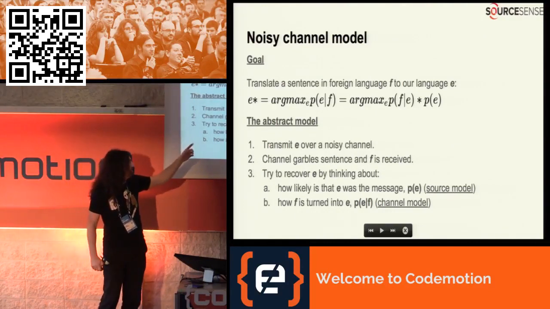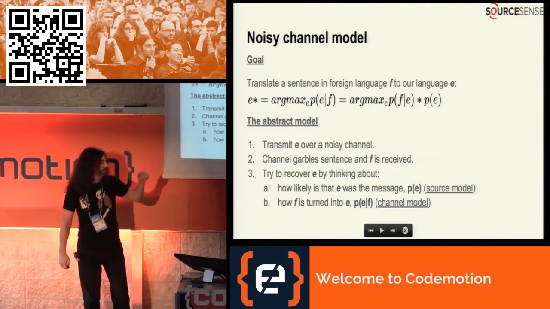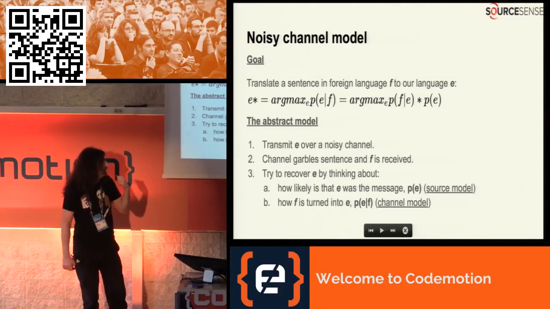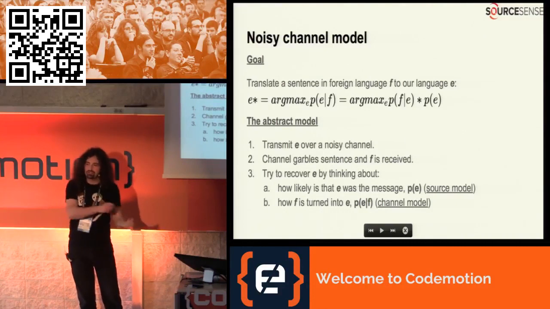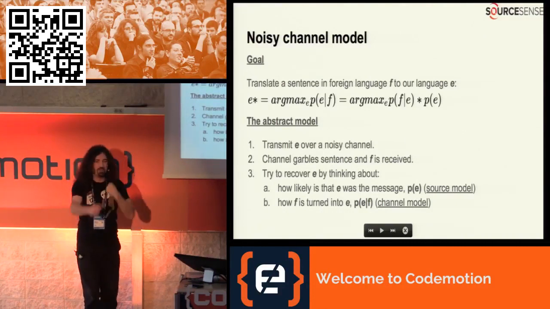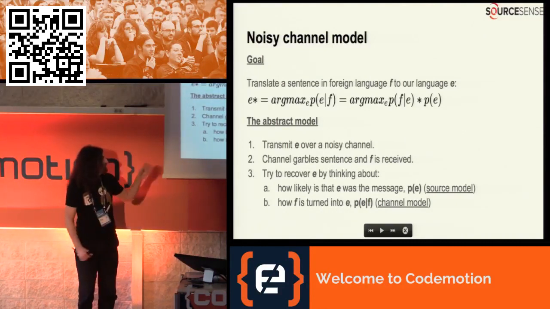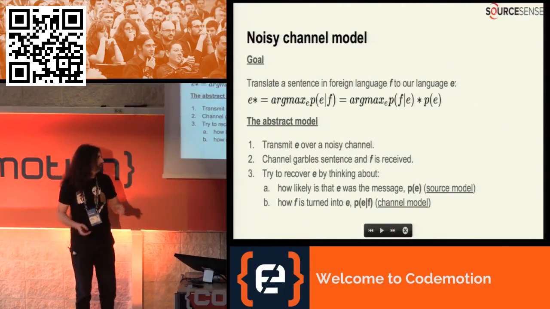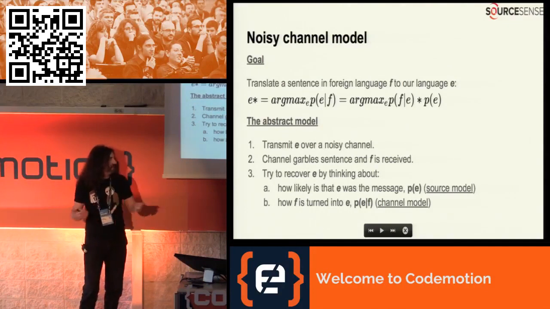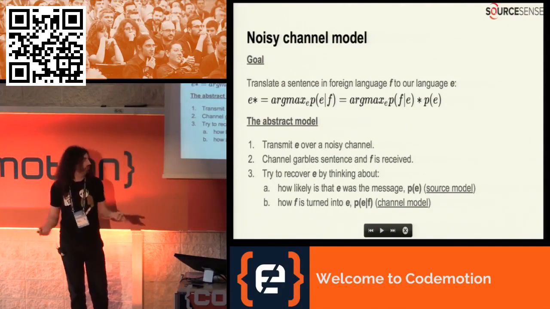In Bayesian terms, it means: what is the sentence that, given the original message, had the best chance of being the one that generated the encrypted message? It is a backward model. The abstract model is that we transmit E, the original sentence, over a noisy channel. The channel garbles the sentence, and F is received, the message that we don't know.